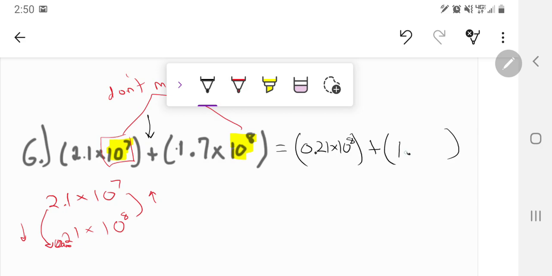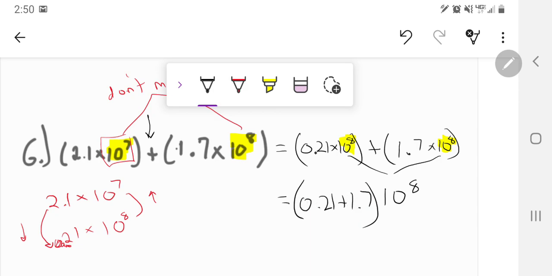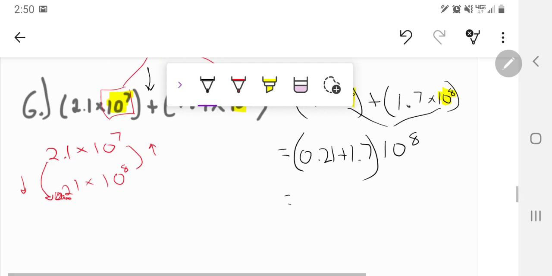And the second product there does not have to change. It's already 10 to the 8th. Now we have matching powers of 10, so we can use the distributive property to pull that 10 to the 8th out, and that leaves behind 0.21 plus 1.7.